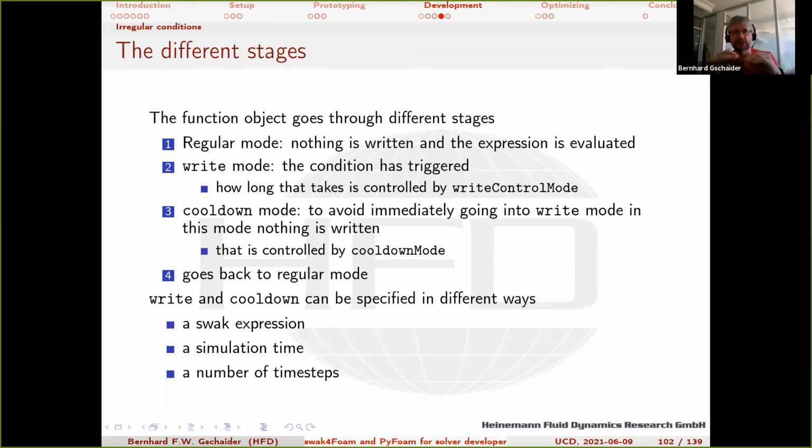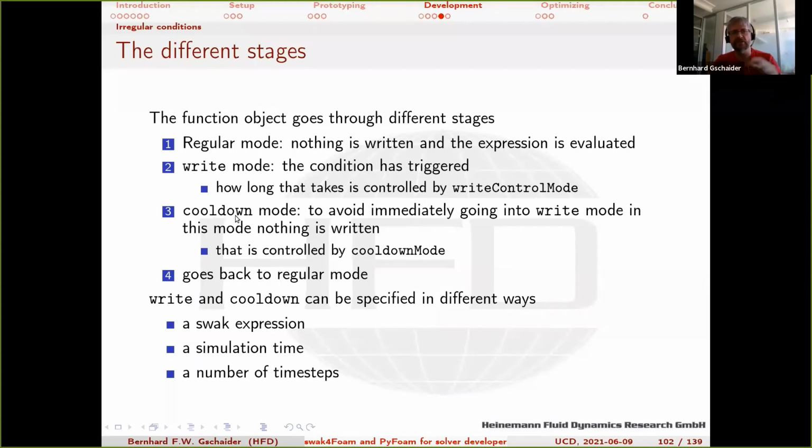It writes the current time step, and then it looks for a variable called write control mode that tells it how long to keep writing. So basically, should I just write this one time step, or am I interested in the next 10 seconds being written? That you can specify with the write control mode.